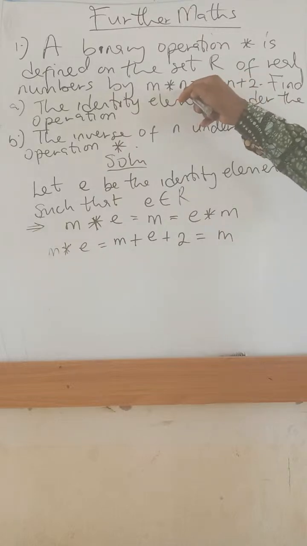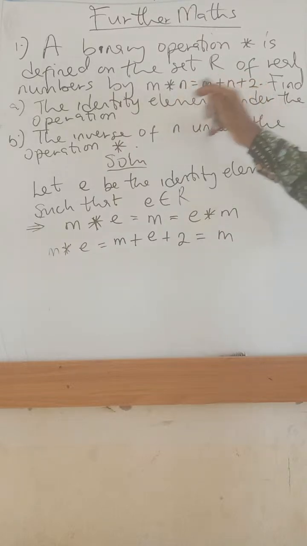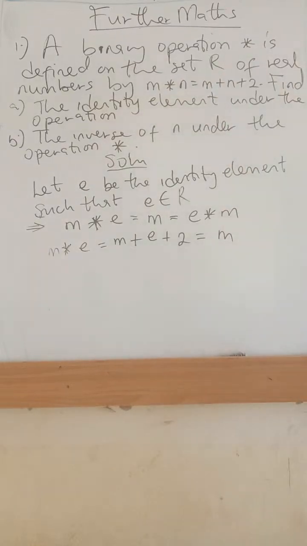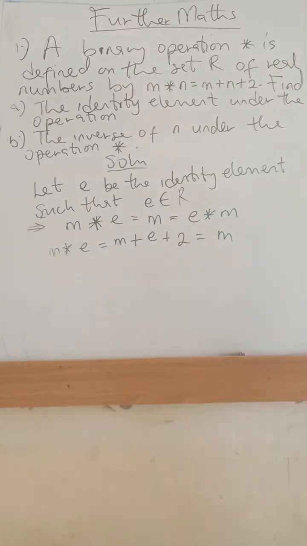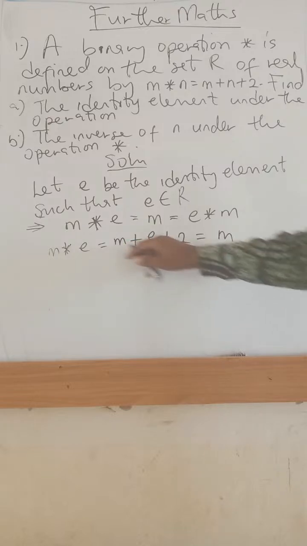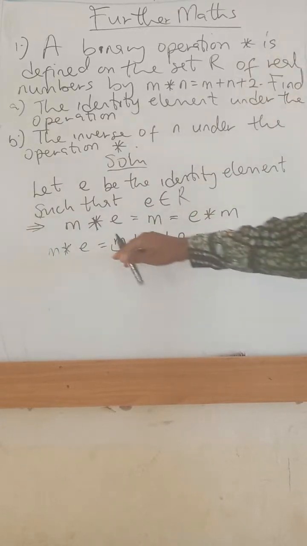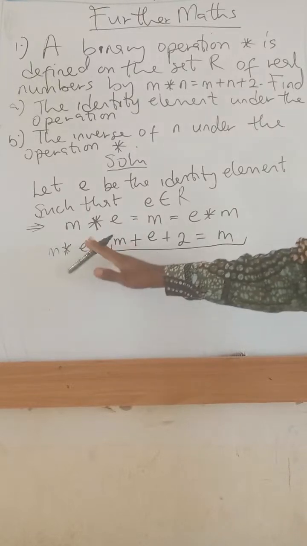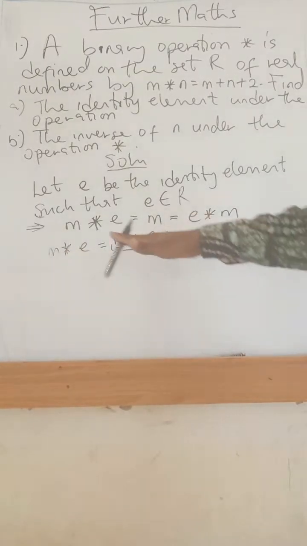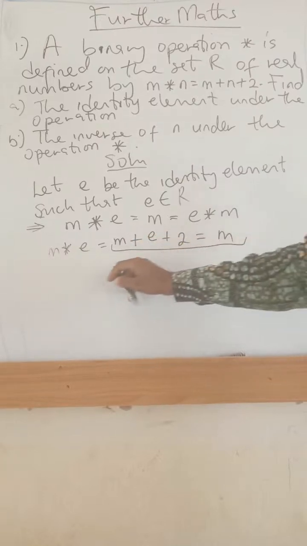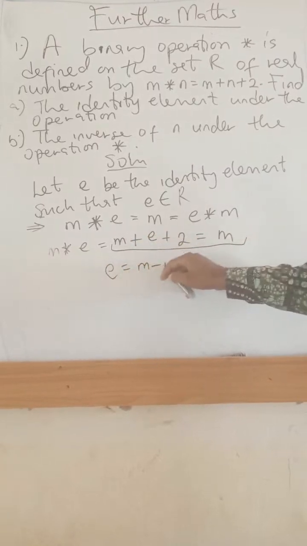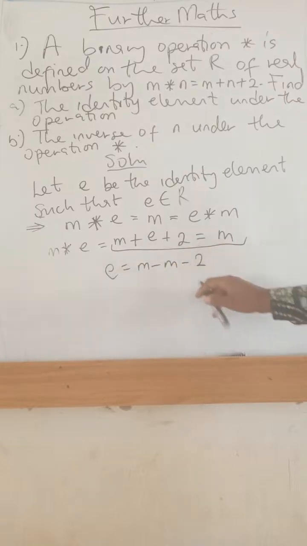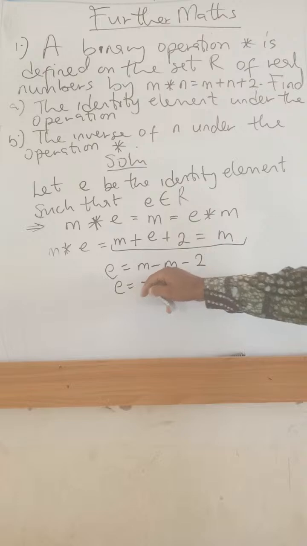So whatever comes here should take E. Okay, so if you're going to solve to find your E, you just take this part, and let's say we're ignoring this part now. We've gotten what we want from it. In solving this equation, we have E to be m minus m minus 2. And obviously, m minus m is 0, so E is simply minus 2.